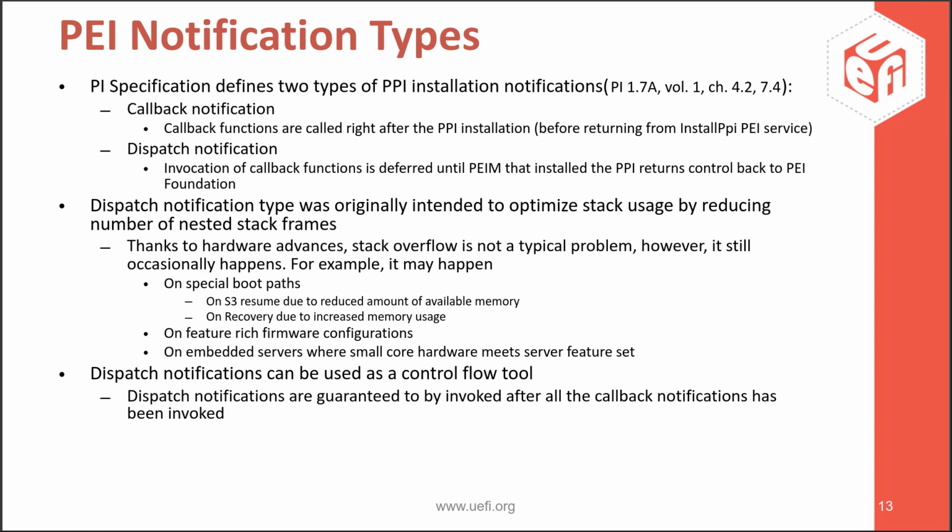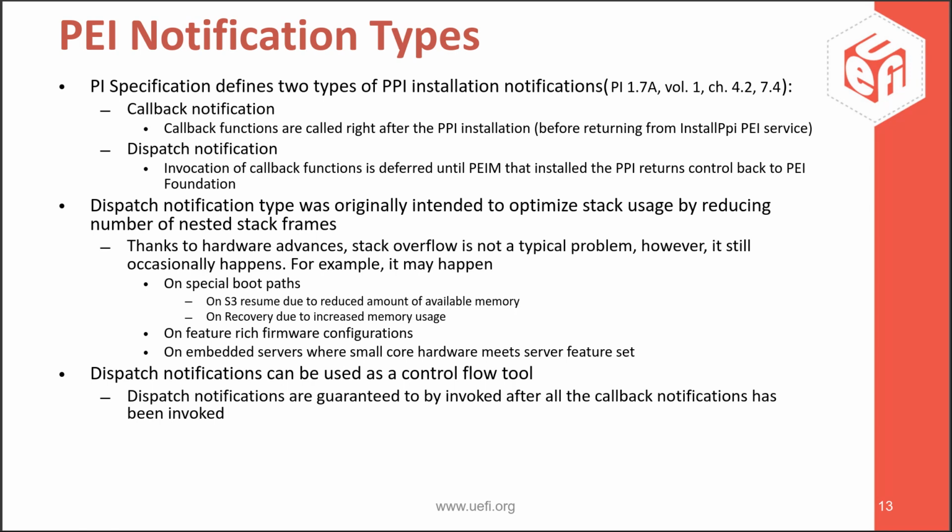The key difference: the callback notification is invoked immediately when the PPI is installed, so before returning from the install PPI service. And the dispatch notifications are deferred until the entry point of the PEIM that installed the PPI returns control back to PEI Foundation.